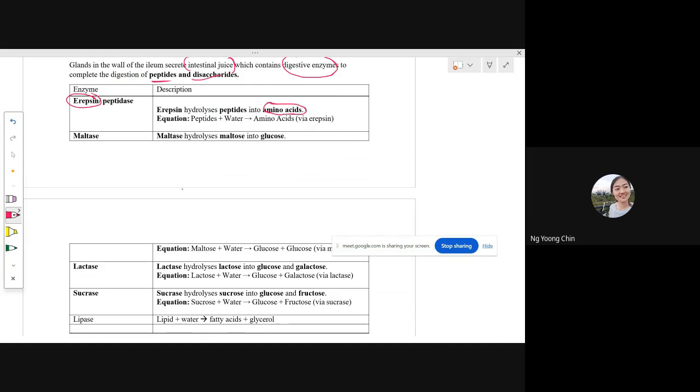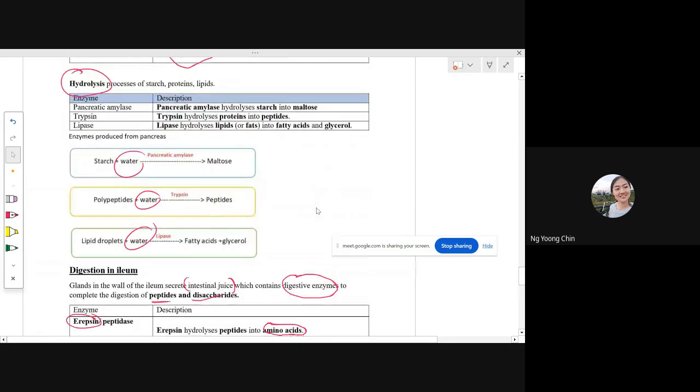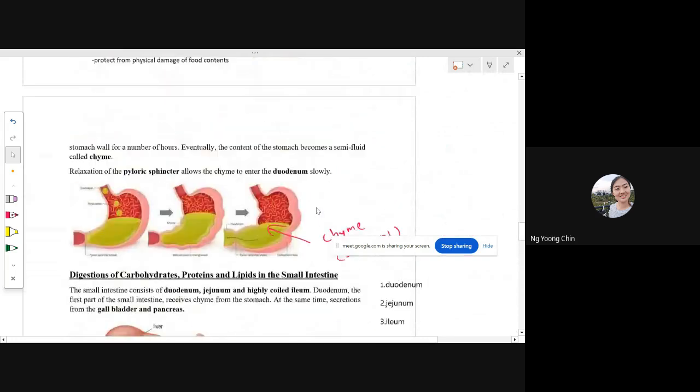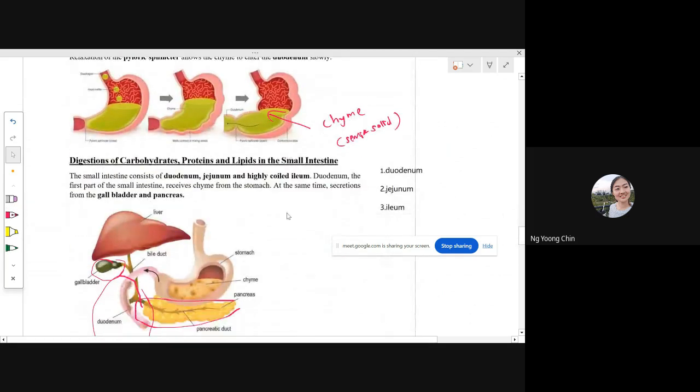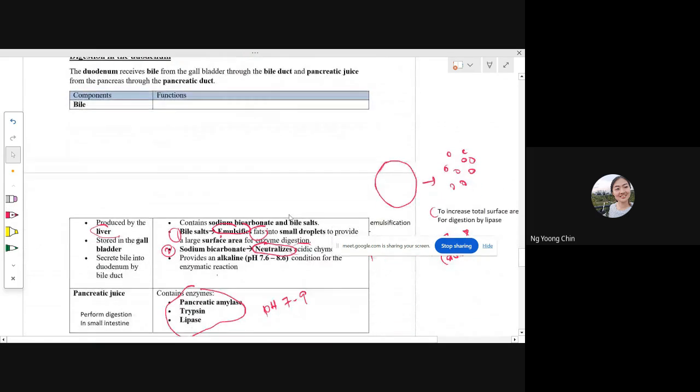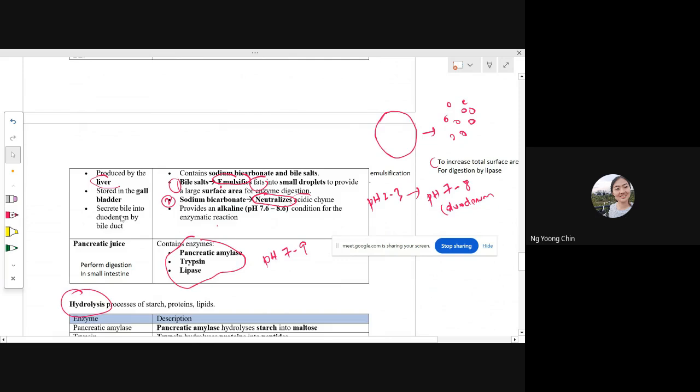So you can see how protein is being digested. Initially, protein is a very large, complex, insoluble molecule, right? The protein is broken down by the pepsin into polypeptide chains, from this structure into this chain. After that, the polypeptide chains are further broken down by the trypsin in the small intestine.